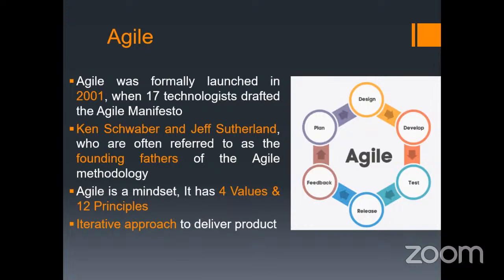And after the use of that product, your customer will provide you the feedback. The development team will take that feedback and consider it for the next iteration. That is how Agile actually works.